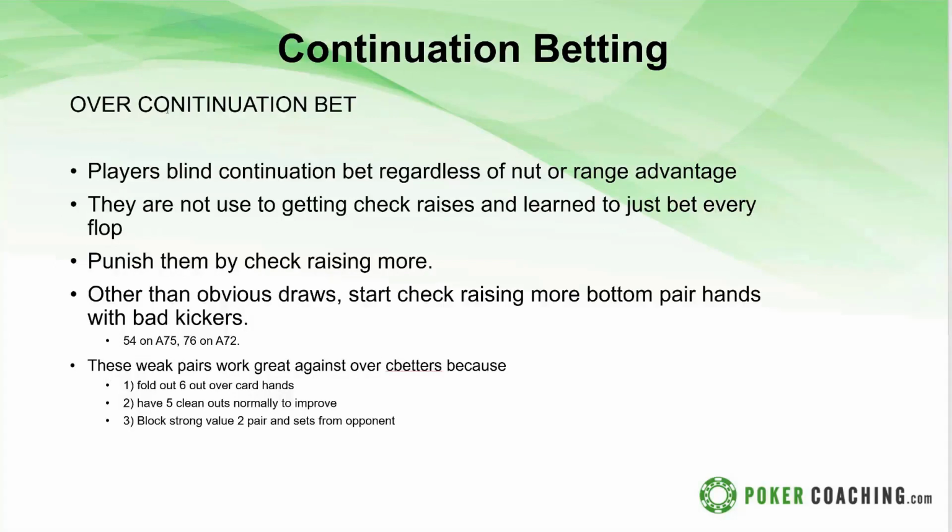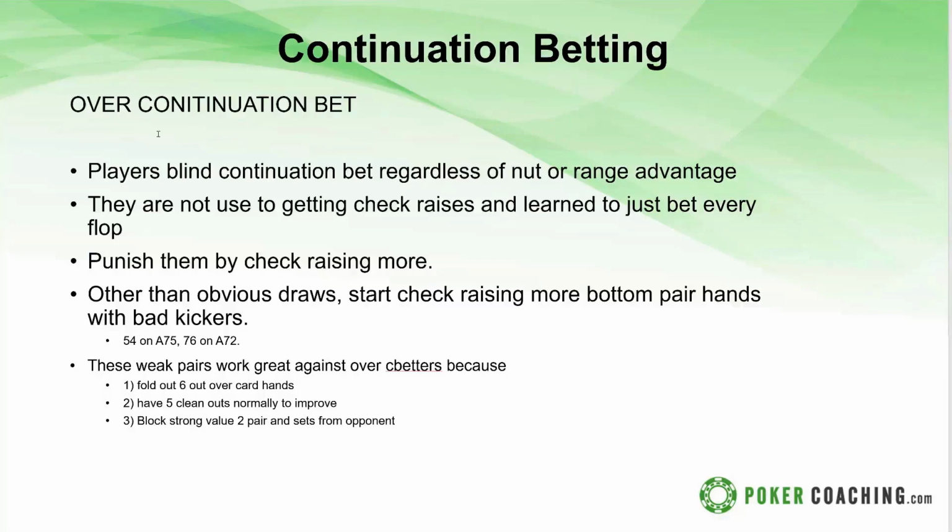Two slides here. First, we're going to talk about over continuation bet. And a lot of players blind continuation bet regardless of nut or range advantage. I've done a lot of webinars with you guys on range advantage and nut advantage and how it affects your continuation bet range. And there's a lot of players that are just trained from 2007 that you got to continue your story and bet aggressively on the flop because you bet aggressively pre-flop.